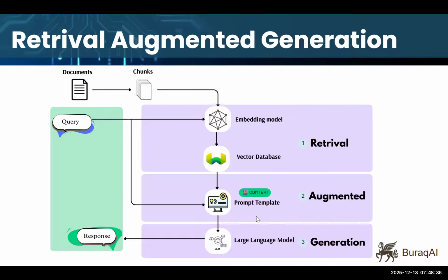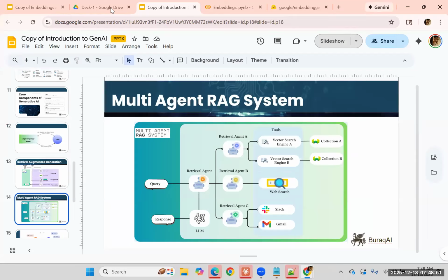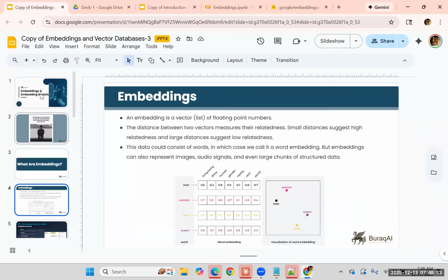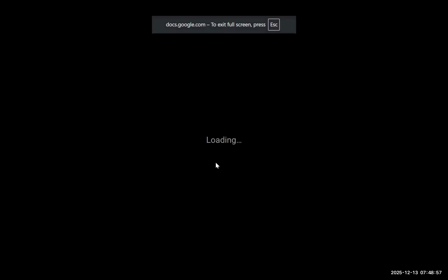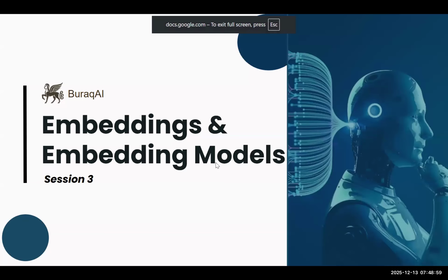Then next week we will do RAG and building RAG applications. Now let's get back to the retrieval part and what we are doing with the embedding models. I have to copy that slide, it was missing. I didn't save last night. So, embeddings and embedding models.